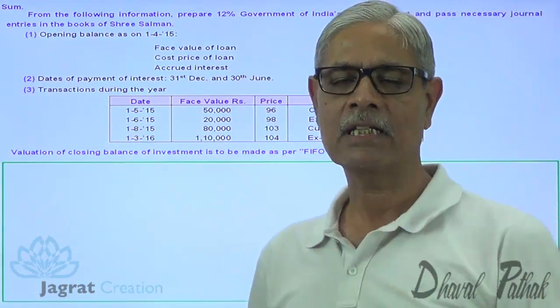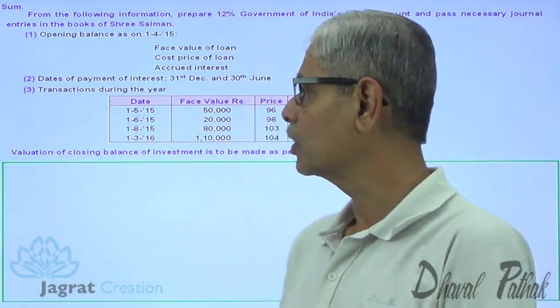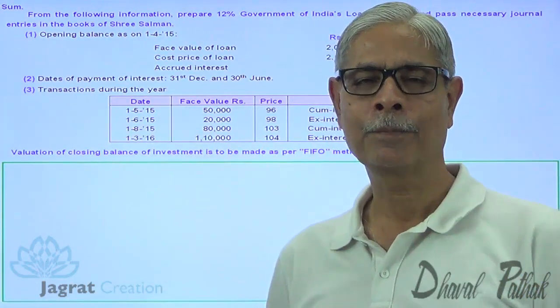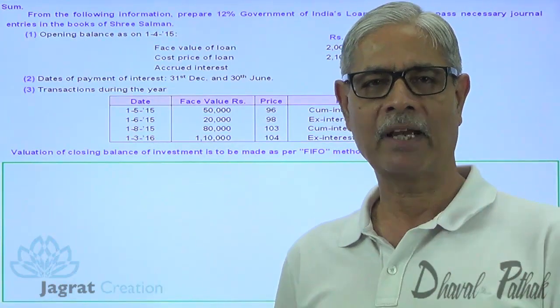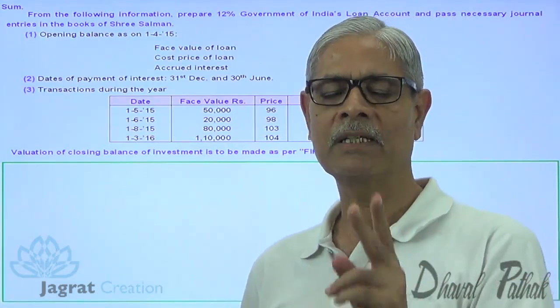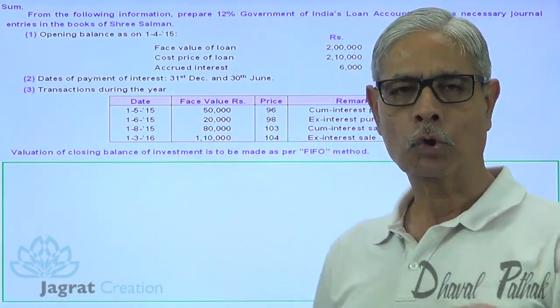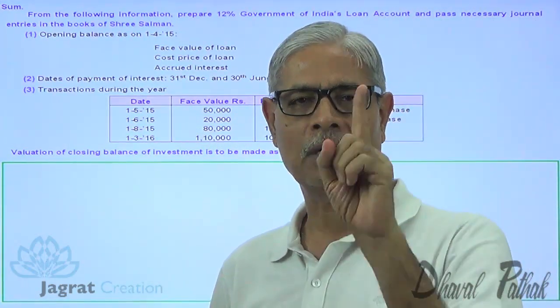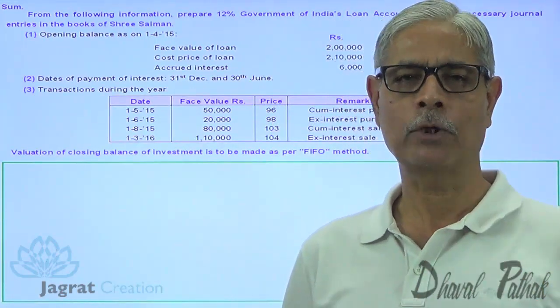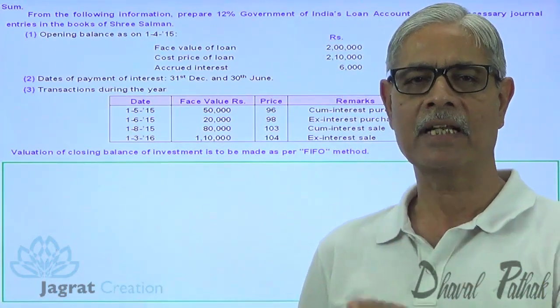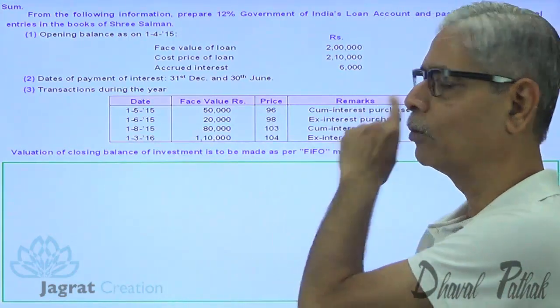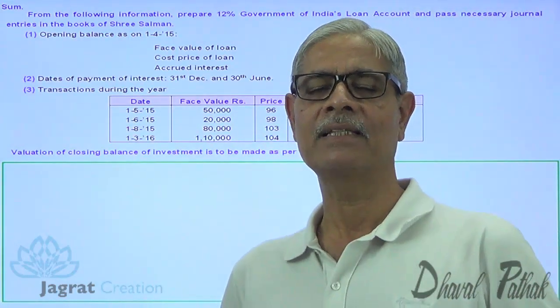So we have received interest up to 31st of December. So January and February are the 2 months for which we are entitled to have interest. So 2 months interest per 100 rupees will be 2 rupees. So when I sell, not only will I get 104 rupees per one face value security, I am going to get the interest element of 2 rupees over and above this 104. That is the meaning of ex interest sales.